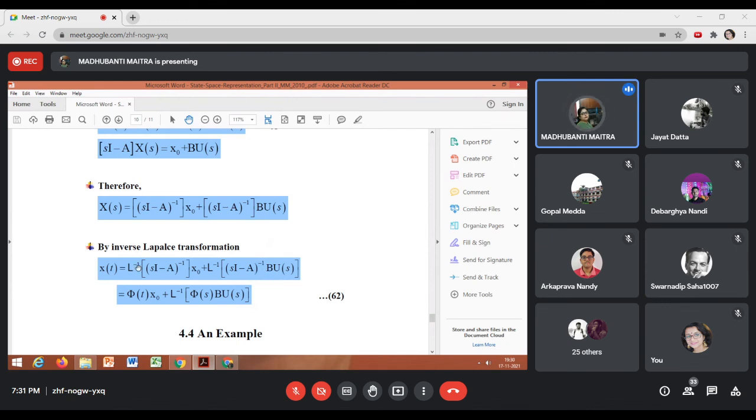Laplace inverse of phi s is nothing but phi t, our state transition matrix, into x0 plus, in this case, Laplace inverse of phi s into BU(s). First we'll have to multiply this, evaluate this, then we'll have to take the Laplace inverse. So that's why we cannot write the Laplace inverse of (sI minus A) inverse B U(s) as phi t. Is it clear?